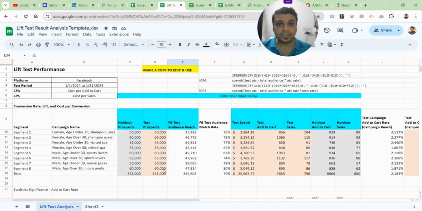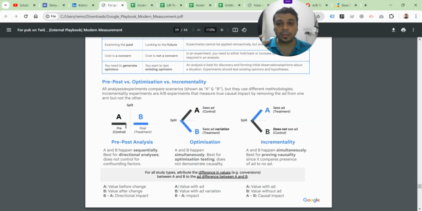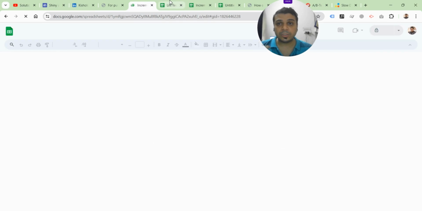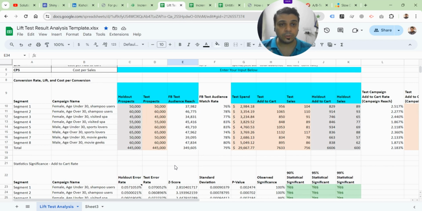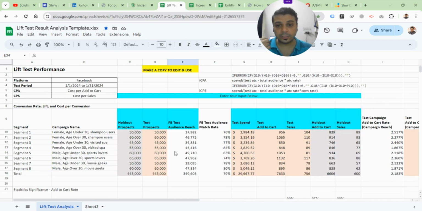This is incrementality testing for you. I've discussed the different ways of looking at incrementality testing, which are similar to A/B testing but have different methodologies. Pre-post analysis I've explained through a couple of examples, and this is an example which does not rely just on pre-post analysis alone. It goes deep into holdout testing, and through statistical significance testing, it establishes causality. So I hope this was useful to you guys.